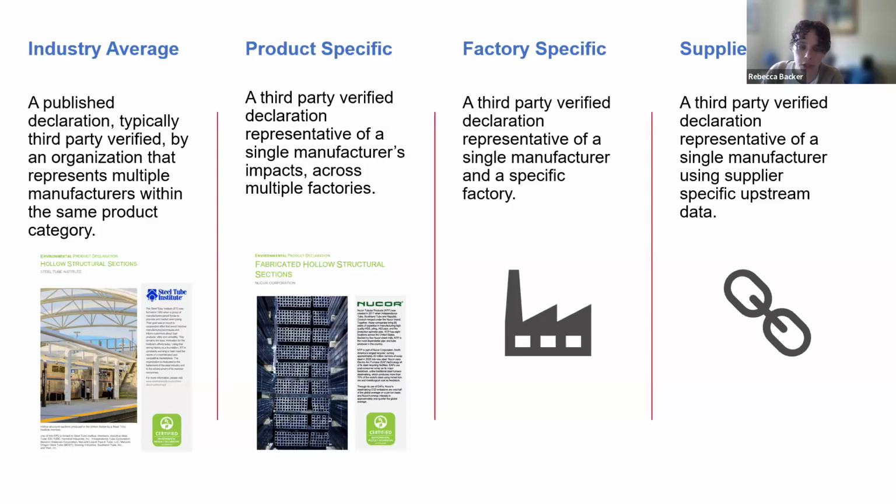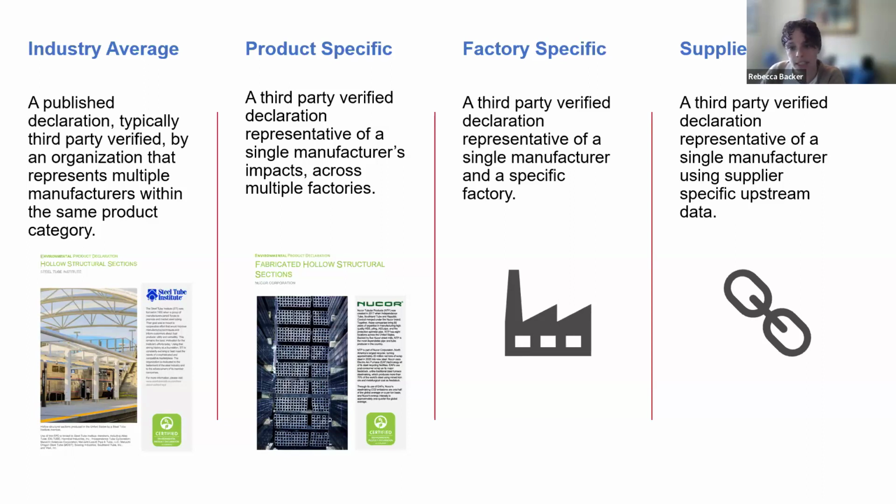So in the example you'll see here, we have Nucor, which is a member company for STI, and they have published their own EPD so that they can compare how the environmental impacts of their manufacturing for their products compares to the industry EPD that was put out by the Steel Tube Institute.